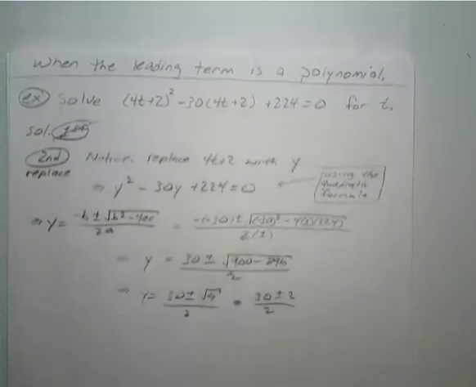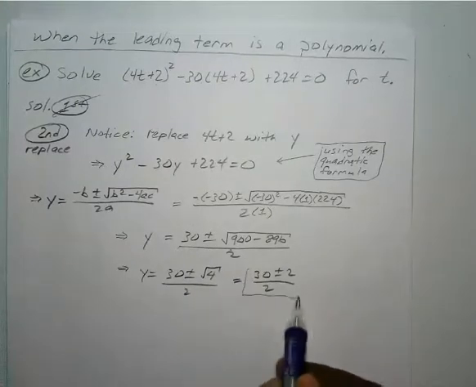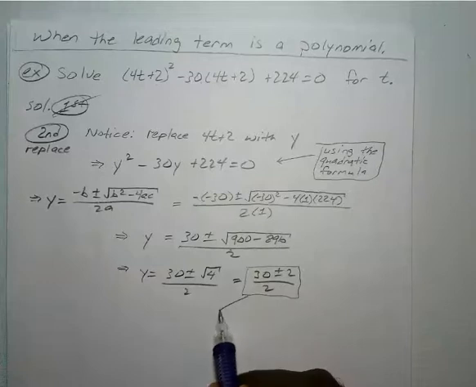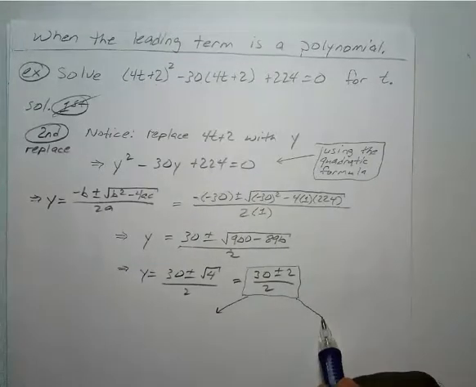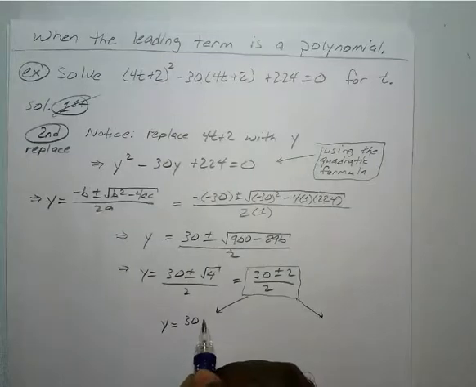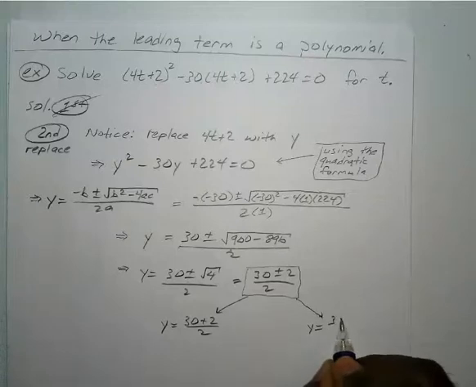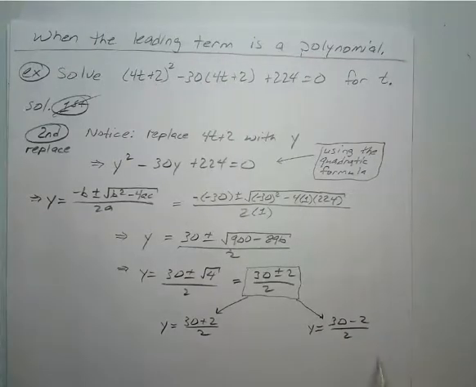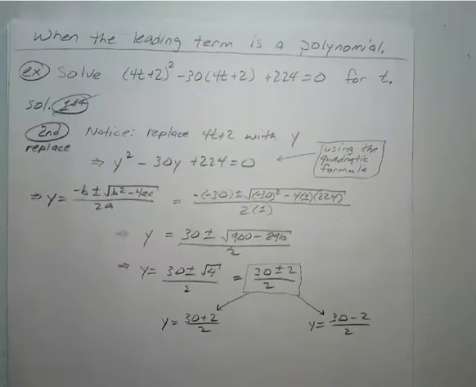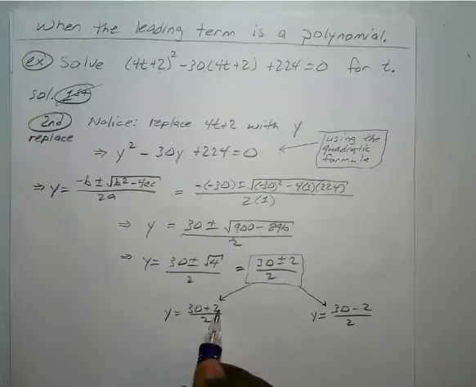So what this tells us is that y is equal to 30 plus 2 over 2, and y is equal to 30 minus 2 over 2. 30 plus 2 is 32, divided by 2 is 16, so y equals 16.